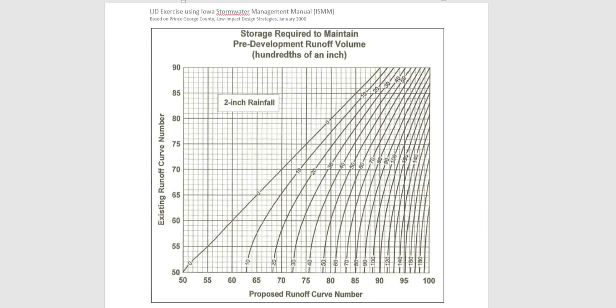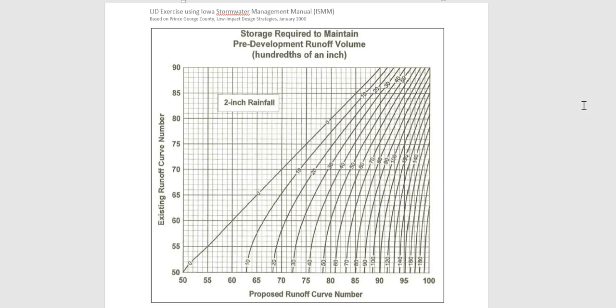What I have here is the proposed runoff curve number. I'm paging through my document here. For 2-inch rainfall, wait, I thought we had 1.83. In the example in the guidance document, it says 1.83 is close enough to 2. Use the graph for the 2-inch rainfall.